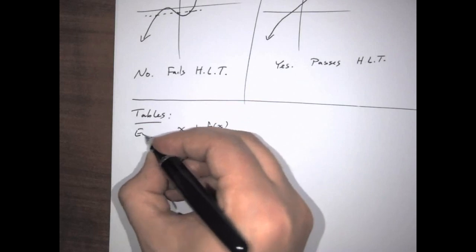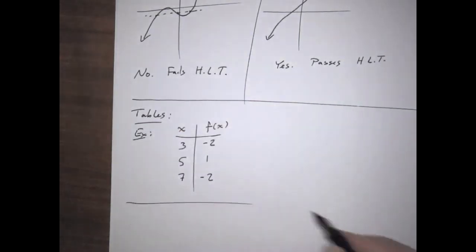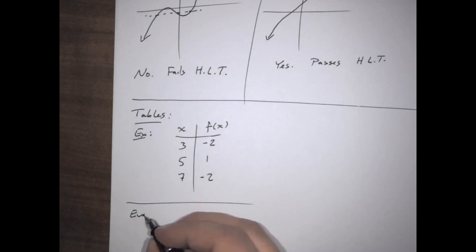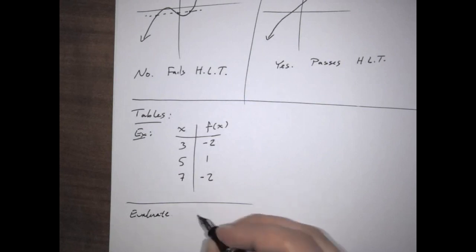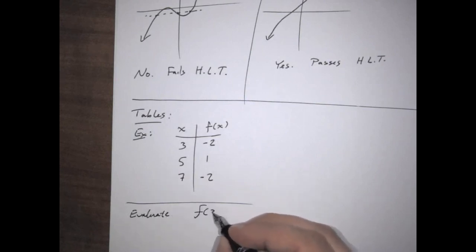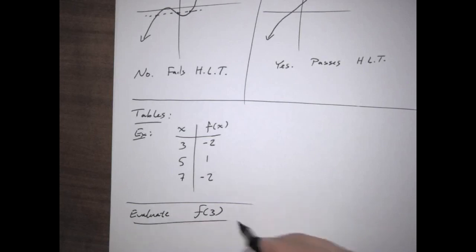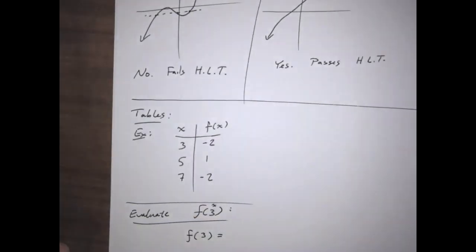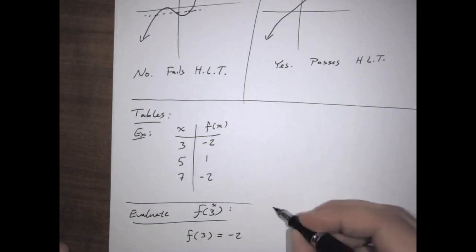This could be just as an example. And then you could have to evaluate this. Evaluate f of 3. So what that would mean is the x value here is 3. And the question would be what output goes with that. So it would be -2.